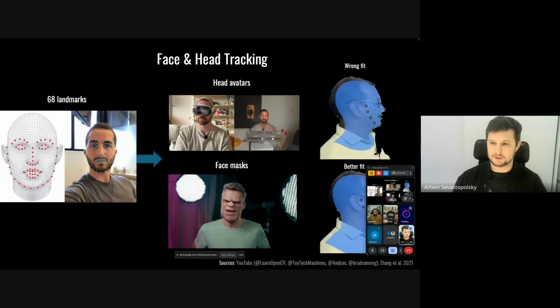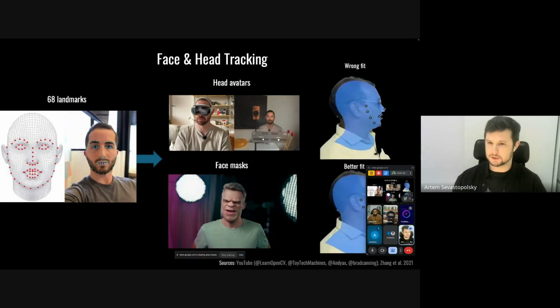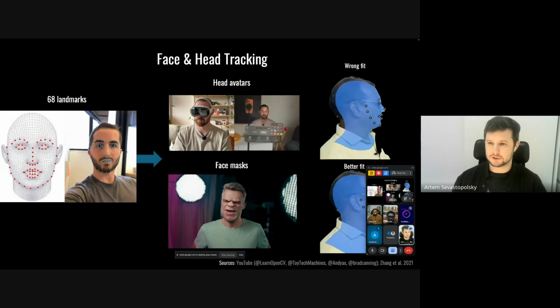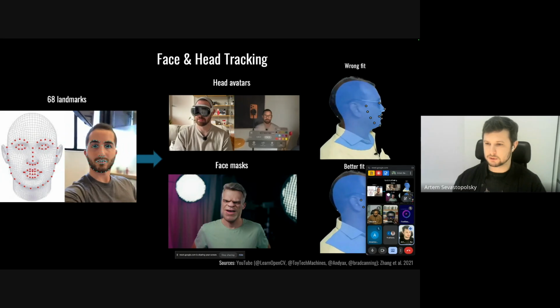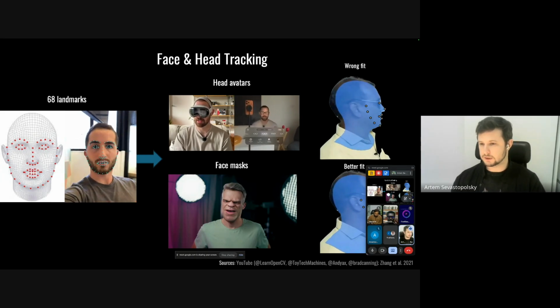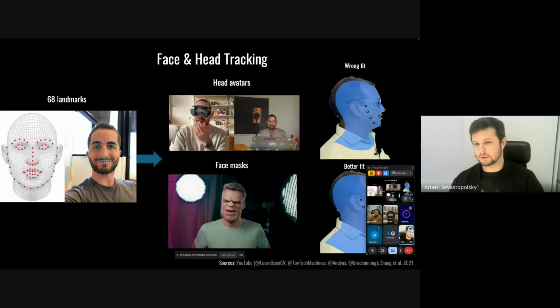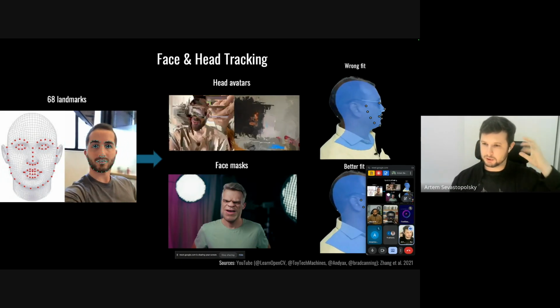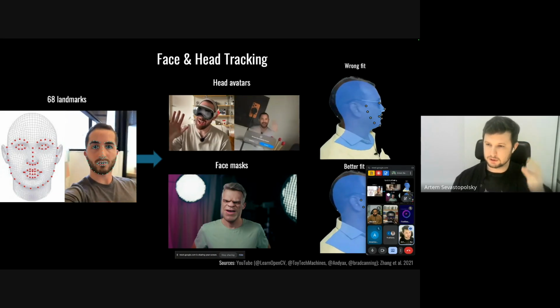This is a real example of using an off-the-shelf head tracker, and it's using these face landmarks shown as yellow circles on the right. You can see that most of the time the parametric model fits the face pretty well, but if we talk about the rest of the head, like the scalp and the ears, they can be misaligned.